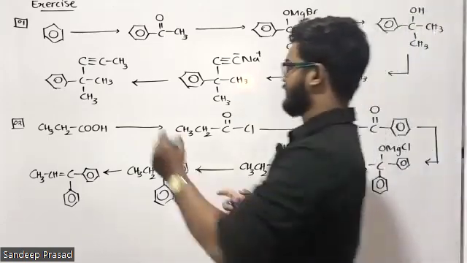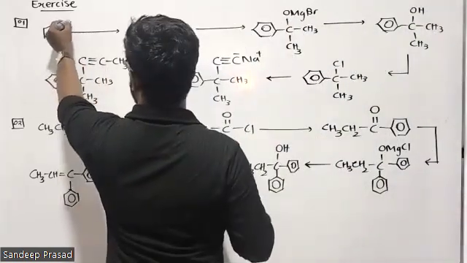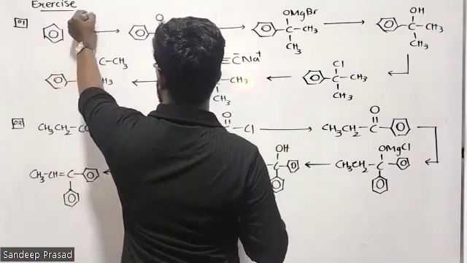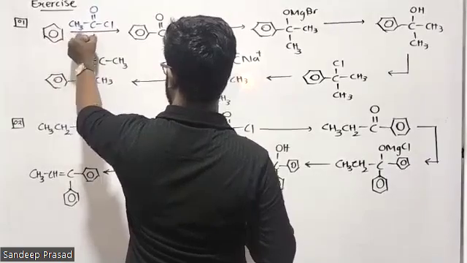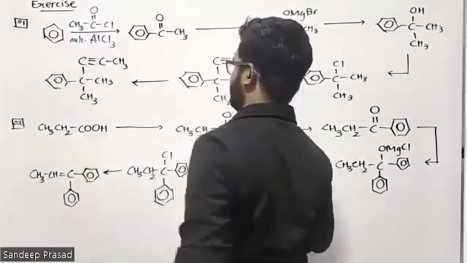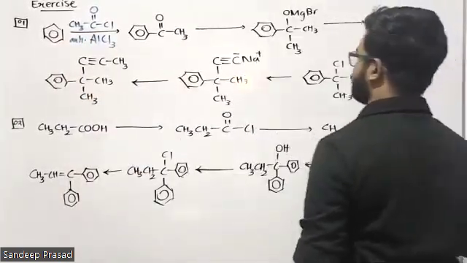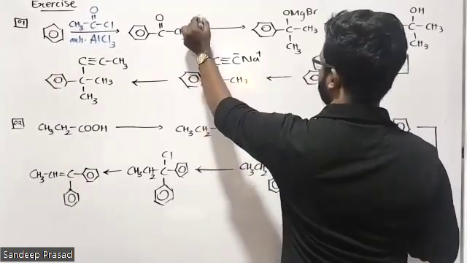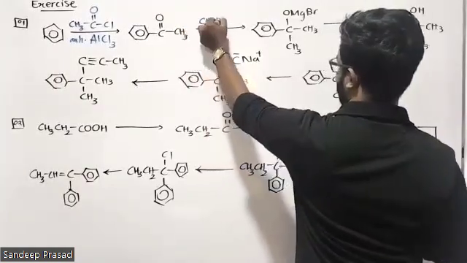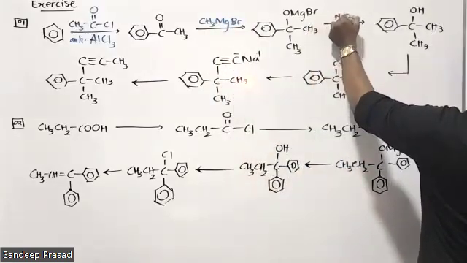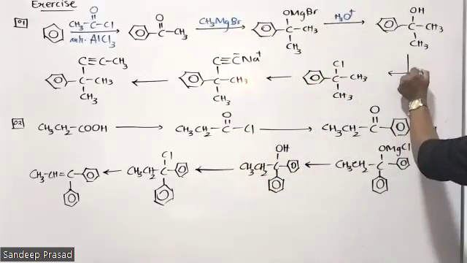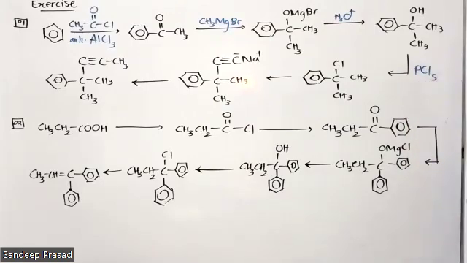So what are the reactions? CH3C double bond O Cl, anhydrous aluminum trichloride. CH3MgBr here and H3O plus. PCl5.